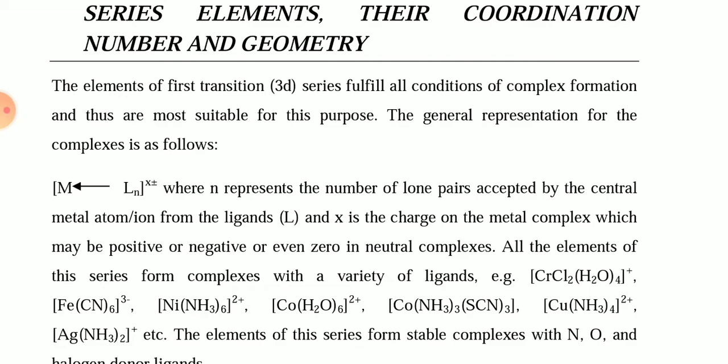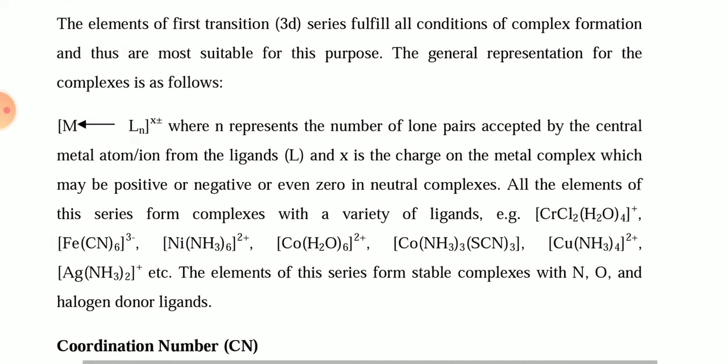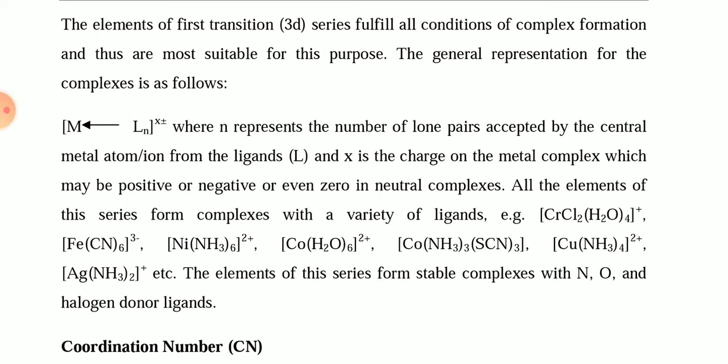You can see examples of first transition series metal elements combining with various ligands and making complexes. The elements of this series form stable complexes with nitrogen, oxygen and halogen donor ligands.